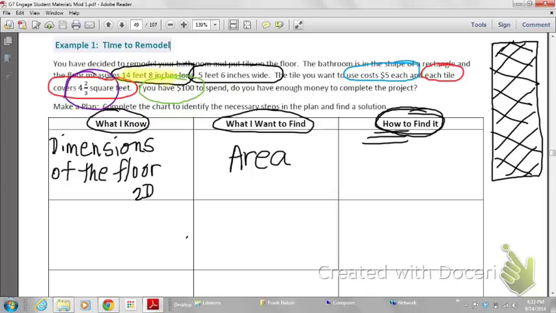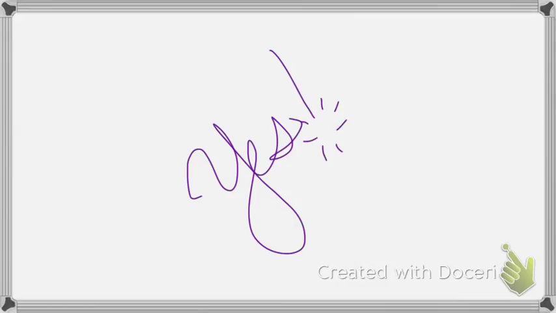You have the dimensions of the room, you have the cost of a tile, you have the area of each tile, you have your money that you have to spend. All of that needs to be put together into a plan. And again, tables are a wonderful way to do that, like here. Decide what you know, what you will find out using what you know, and then how you're going to find that out. Okay? Yes, we will come across these several times this year.